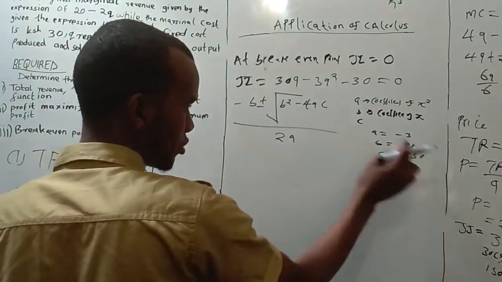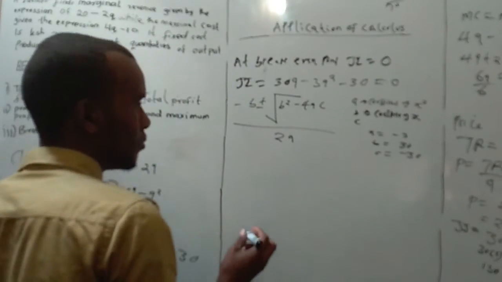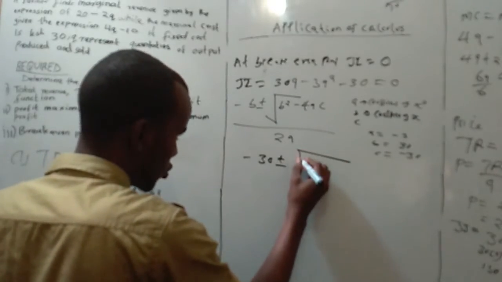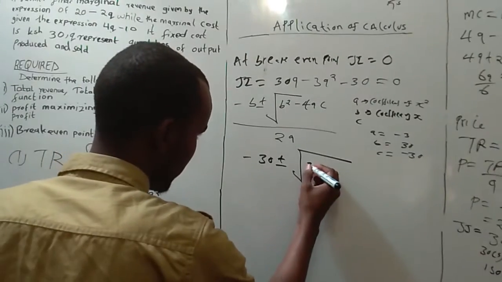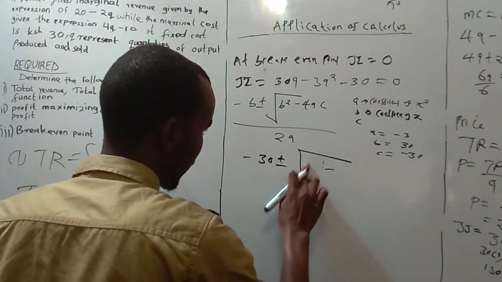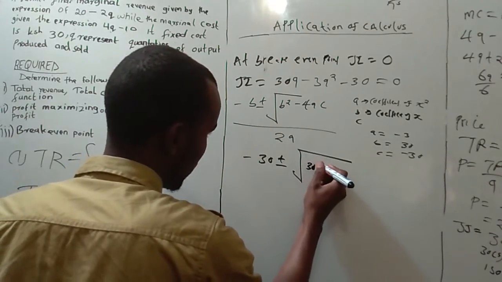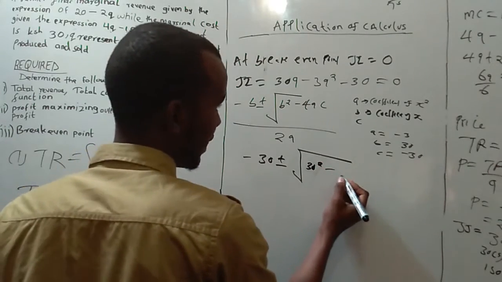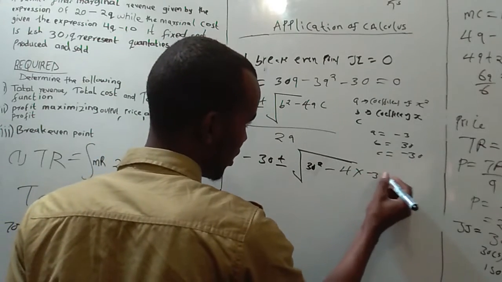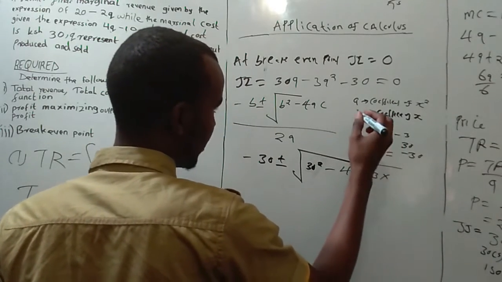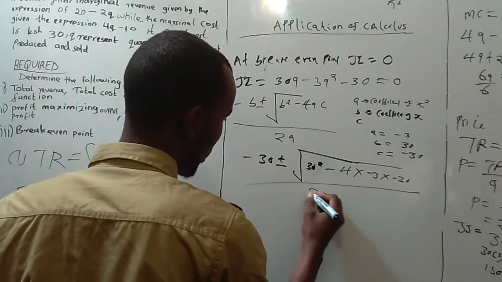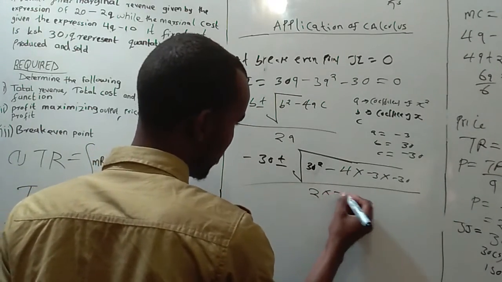Remember, b is positive, so negative b becomes minus 30 plus or minus the square root of b squared, 30 squared, minus 4ac. 4 multiplied by a, which is negative 3, multiplied by c, which is negative 30. Then we divide by 2a, and our a is negative 3.